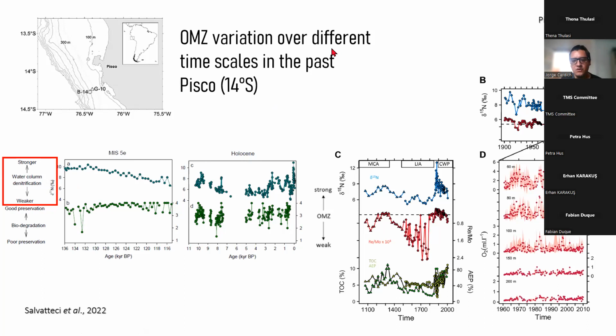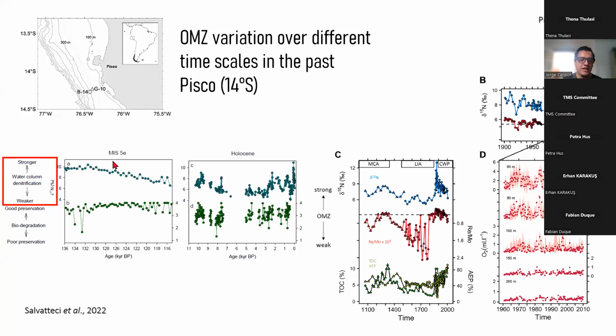When there is no oxygen, the nitrate is used as an acceptor of electrons by the organisms. So when the denitrification is stronger, the OMZ is more intense. When the denitrification is weaker, that's because the OMZ is less intense.